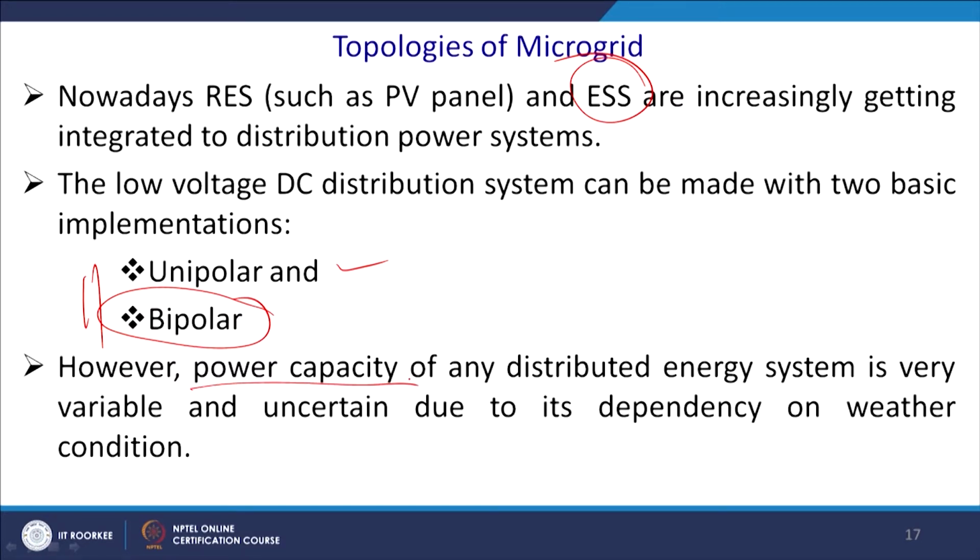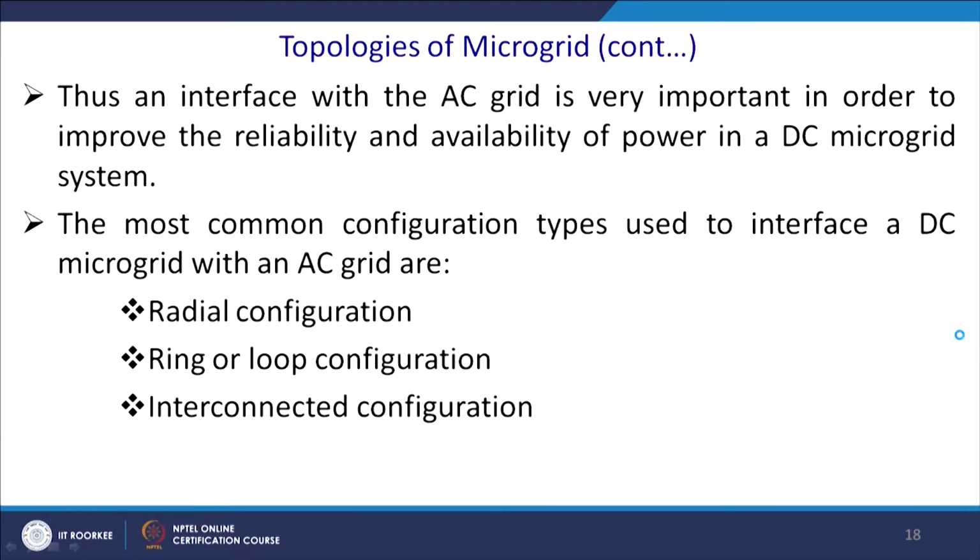However, the capacity of any distributed energy system is extremely variable and uncertain due to its dependency on the weather condition. Now, based on that we have to ensure the redundancy, and we have different kinds of configurations.